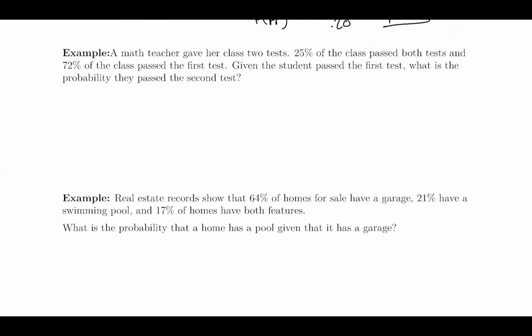So it said a math teacher gave her class 2 tests. 25% of the class passed both tests, and 72% of the class passed the first test. Given the student passed the first test, what is the probability they pass the second test? So right here, what are my two events?